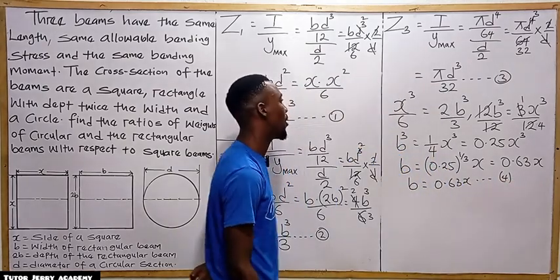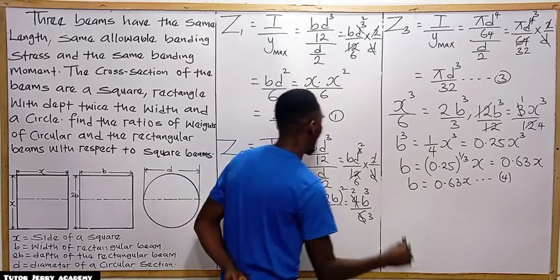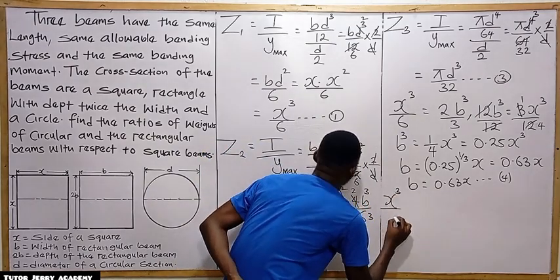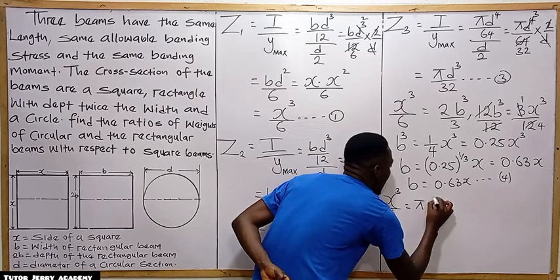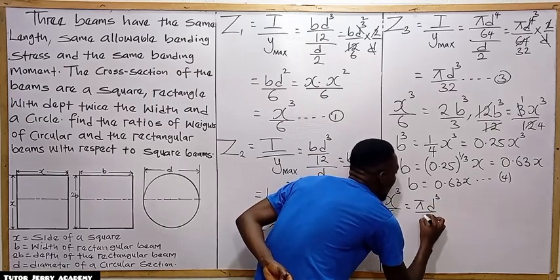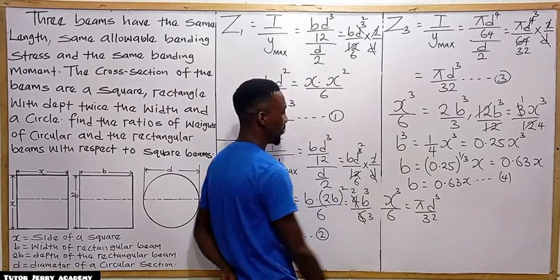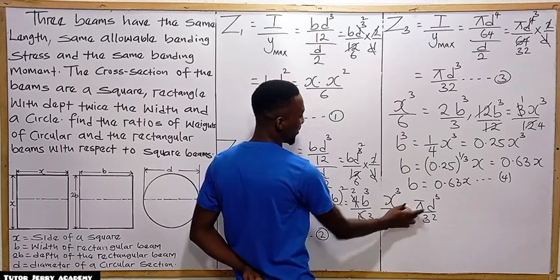The next thing we are going to do is equate equation 1 with equation number 3. So we're going to have s cubed divided by 6 equals pi d to the power of 3 divided by 32. Here we want to make d the subject. So this is going to be 32 multiplied by this, then divided by 6 pi.